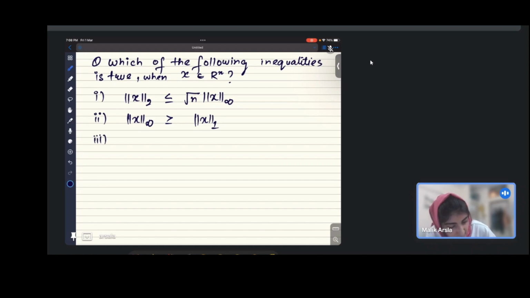The third option is that the 1 norm of x is less than or equal to the Euclidean norm of x. And the fourth option is that the Euclidean norm of x is greater than or equal to root n into the infinity norm of x. Can you tell me which of the following inequalities holds true?